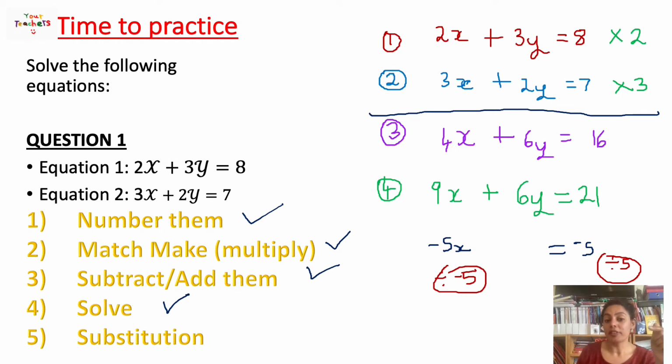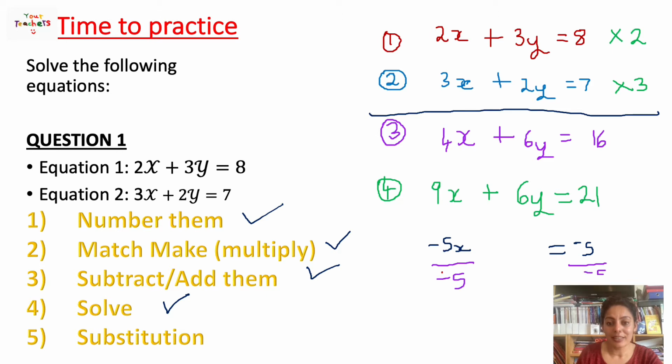I'm going to choose my first way of doing it because I think eventually it's nice to know all methods. Eventually you want it to look like this. So I'm going to divide them both by minus 5.